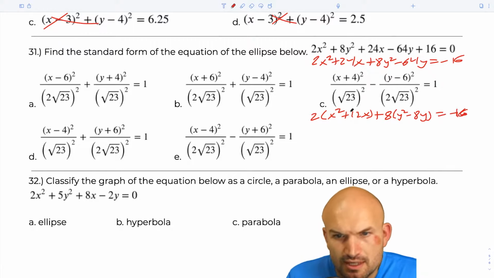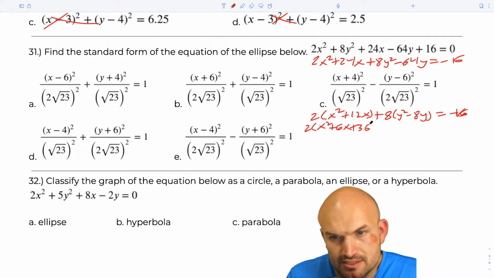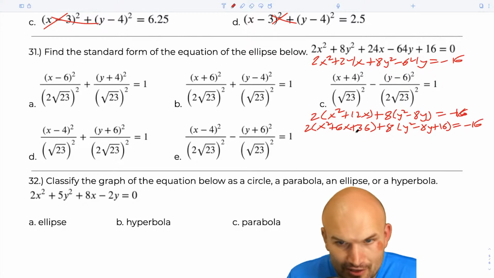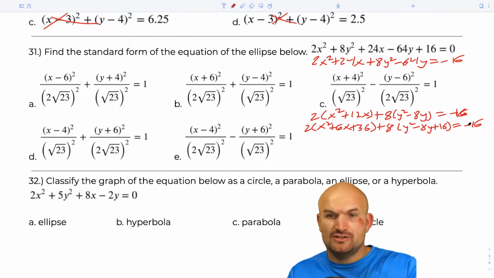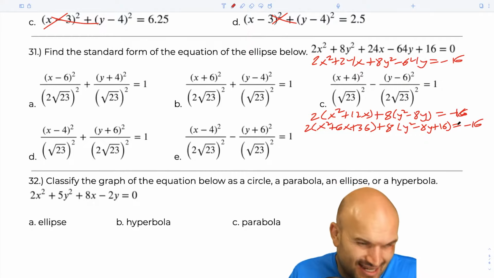Okay, let's see. 2 times x squared plus 6x plus 36, plus 8 times y squared minus 8y plus 16. I'm completing the square. FYI, for those of you that are following along, you have to add 36 to the other side times 2. So that's going to be plus 72.